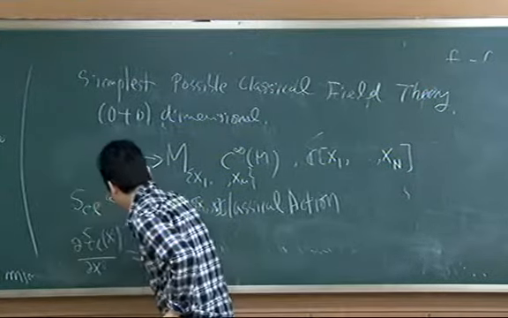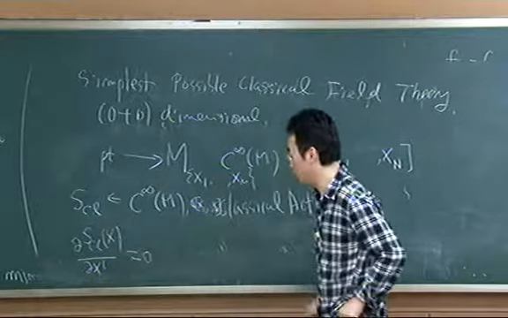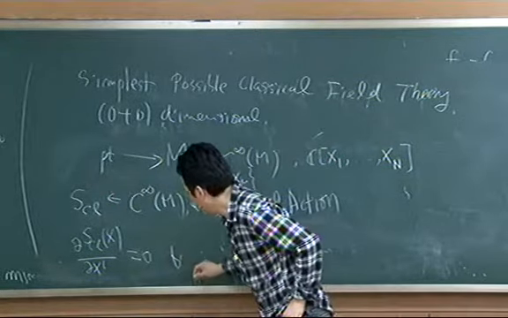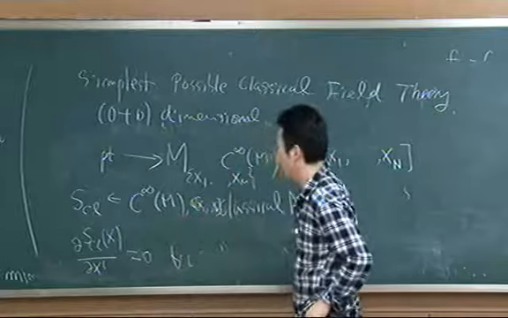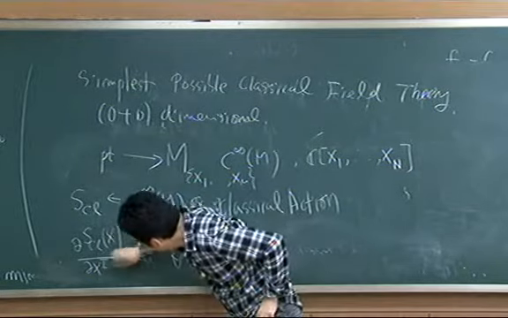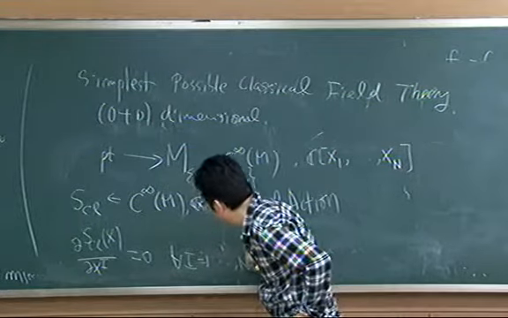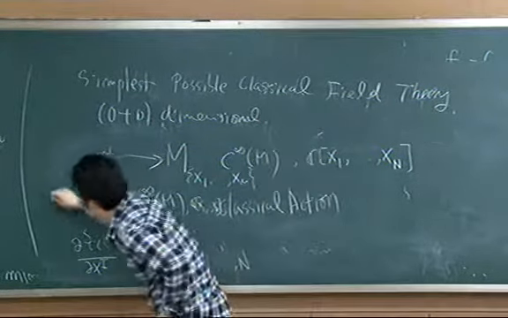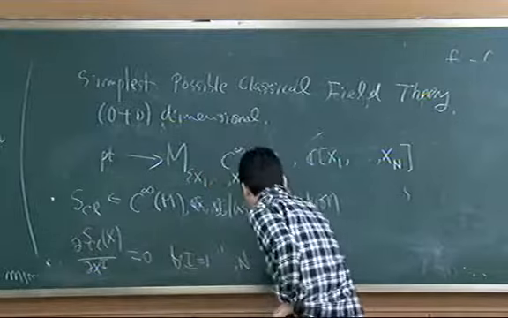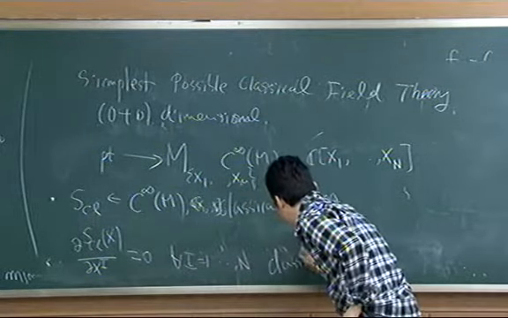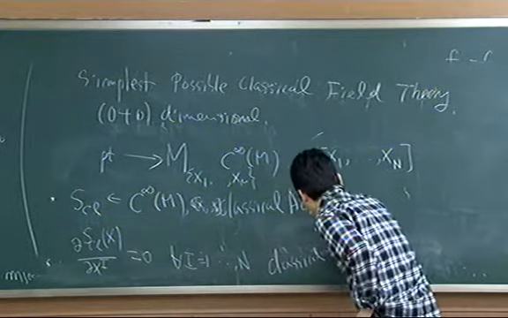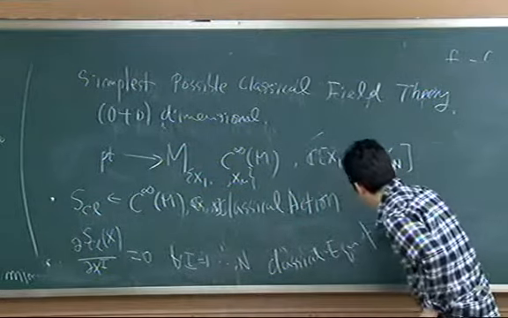The derivative with respect to x_I equals 0, for all I from 1 to n. So this is just the critical point of this function. This equation I'll call the classical equation of motion.